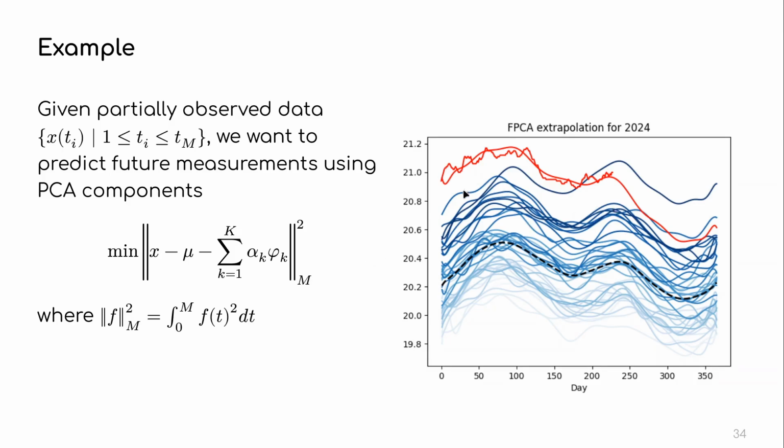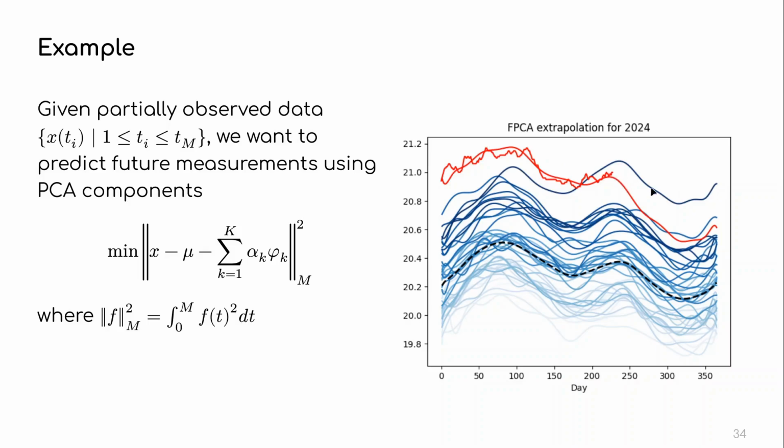So remember we had this data for 2024, which was incomplete, and let's say we want to predict what's going to happen next. To do that, we're going to use the PCA components that we computed earlier. So basically trying to fit my partially observed data using my PCA components. Now, I have a problem with that because I only have the data up to some time t.